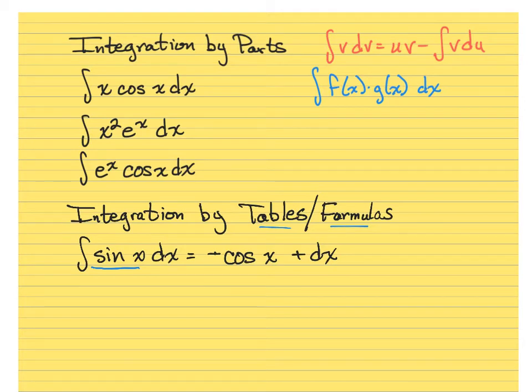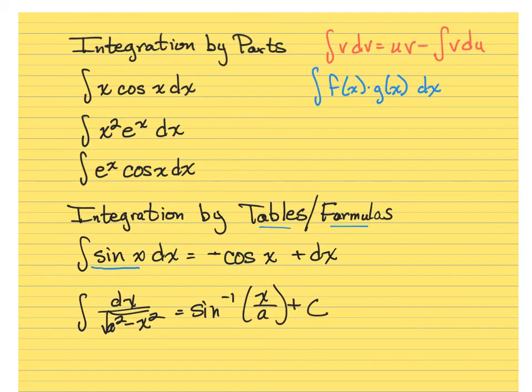Then we have things that look like this, right? The integral of dx over square root of a squared minus x squared, and that is equal to the inverse sine of x over a. You can derive it, but typically we just remember the pattern.